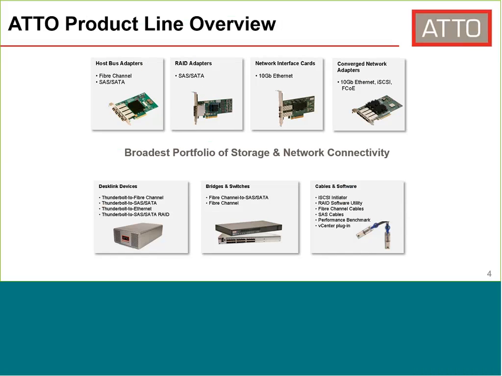Our bridge product lines are Fibre to SAS bridge, as well as our switch. We do offer a Fibre Channel switch. And then just rounding up the products that we have to offer, we have cables and software. So this really sets ATTO apart in the market today. There really isn't a true competitor to ATTO, as we offer such a well-rounded line of products, maintaining the market coverage that we do.